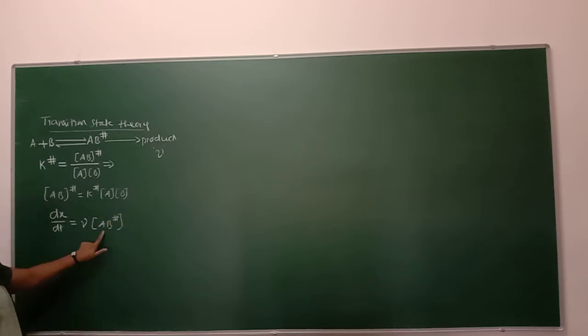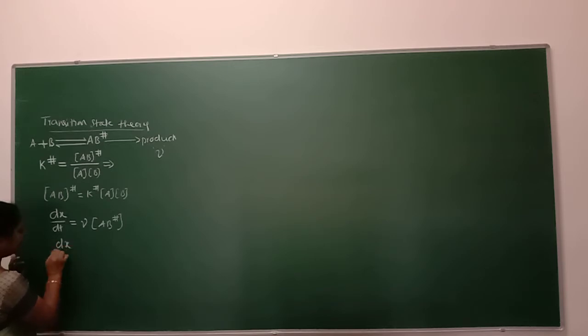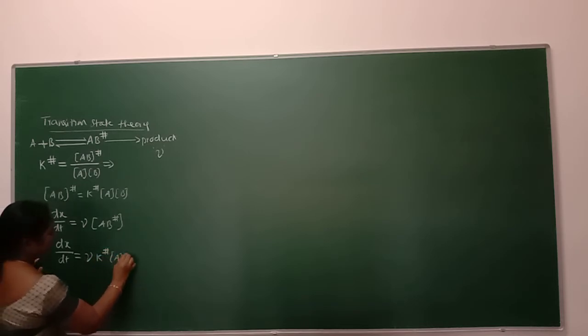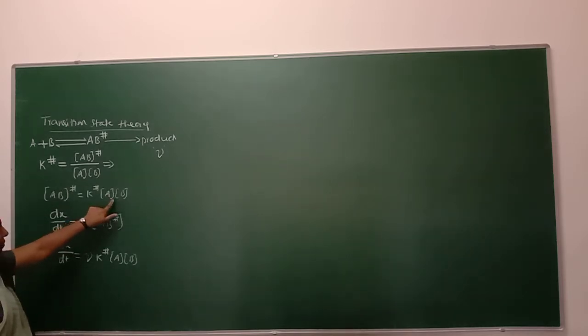Substituting the value of concentration of AB hash as K hash into concentration of A into concentration of B, dx by dt is equal to nu into K hash into concentration of A into concentration of B.